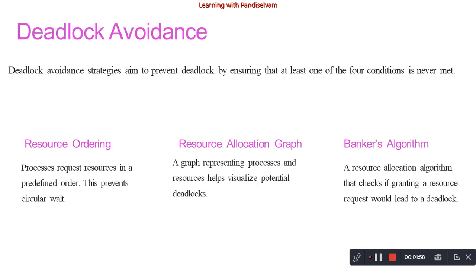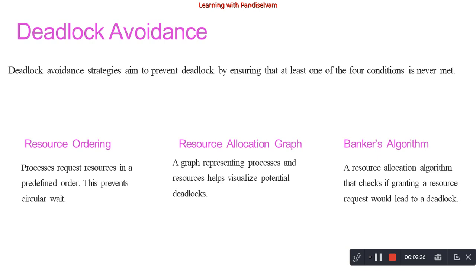Whenever we want to prevent the system from deadlock, we must break any one of the four conditions. One is resource ordering: a process requires the resources in a predefined order, which means we can prevent the circular wait. While creating the process, it has to inform which resources it is going to use during execution.